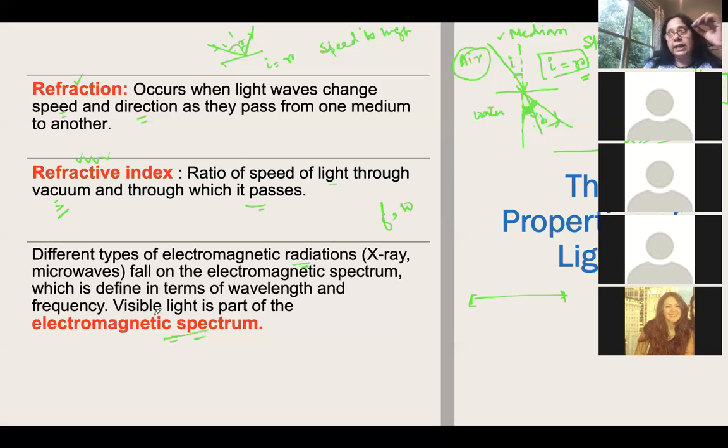Visible light, the light that we can see, is the part of the electromagnetic spectrum. That visible light also has a specific frequency and wavelength. Our eye can only detect that range of frequency, and that's the reason we can see them.